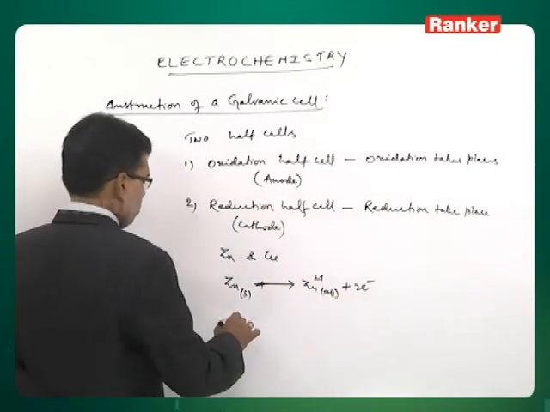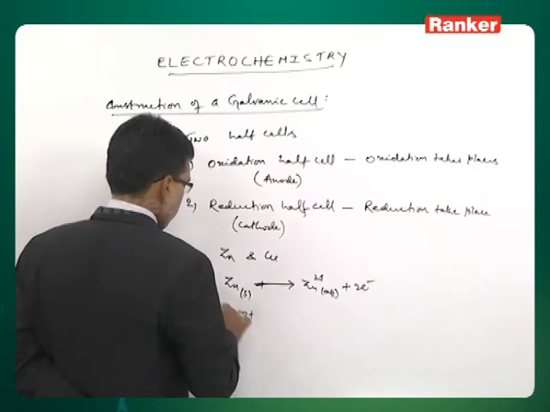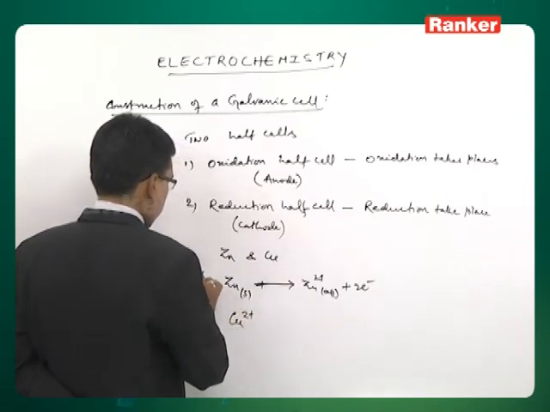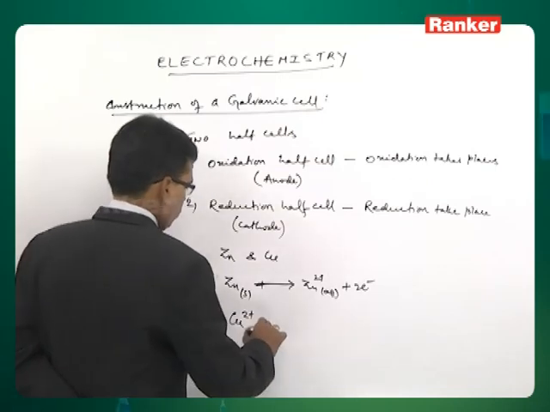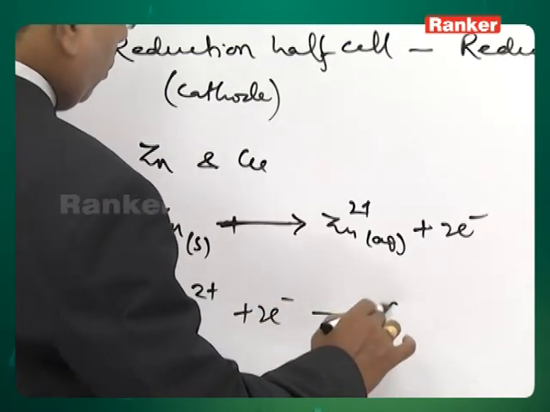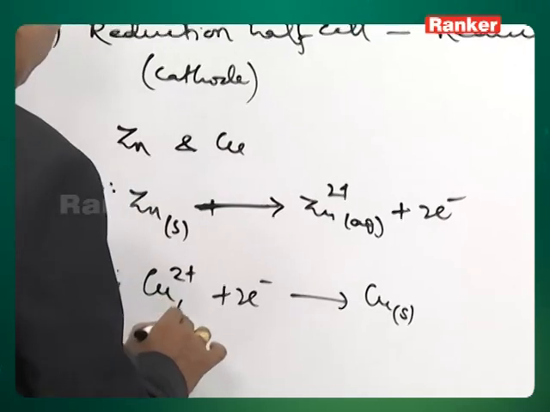This is the reaction at the anode, and this is the reaction at the cathode: Cu2+ undergoes reduction to solid Cu.